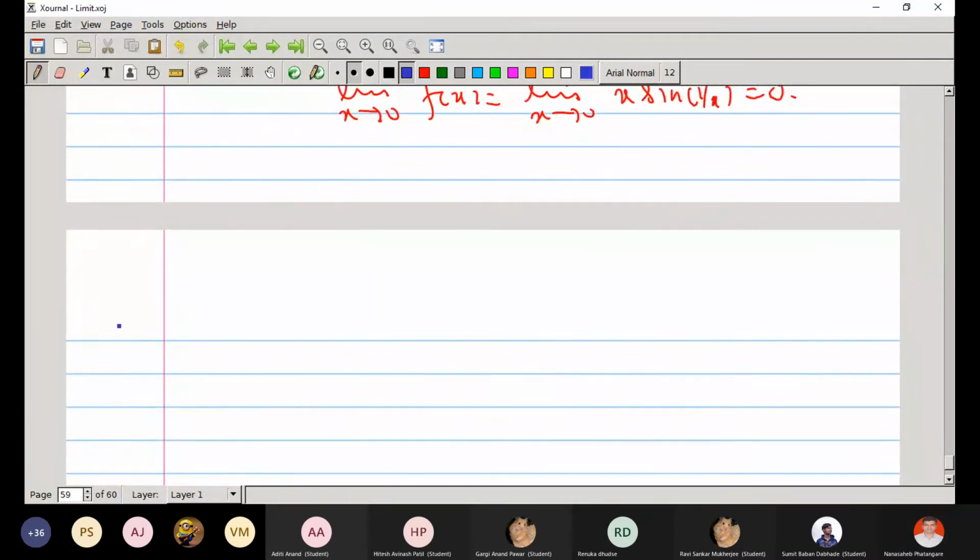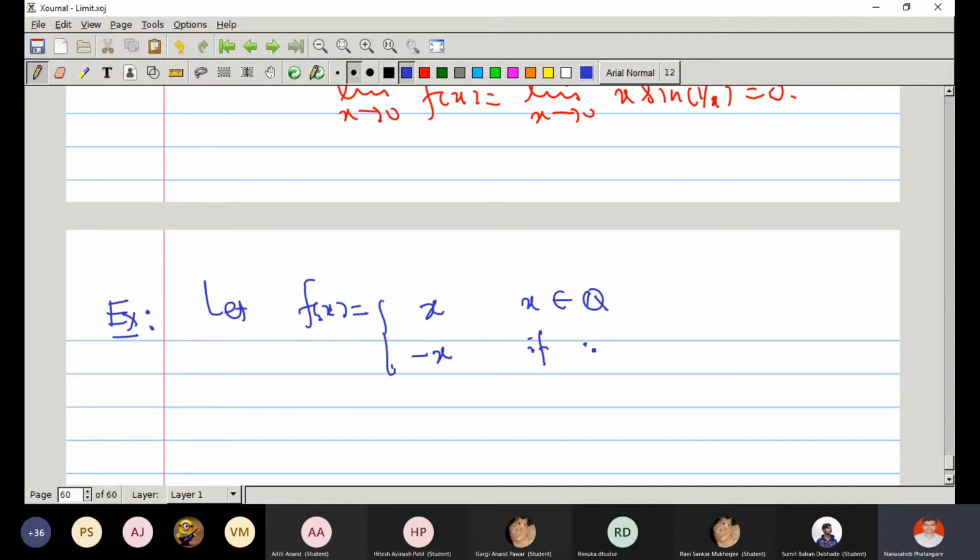Okay, so let f(x) be equal to x if x is rational, and minus x if x is irrational.